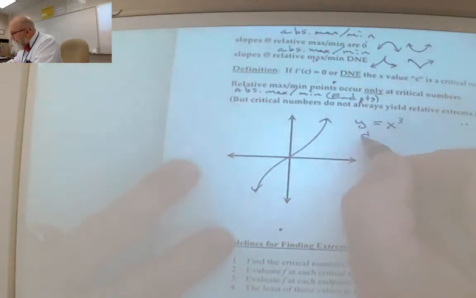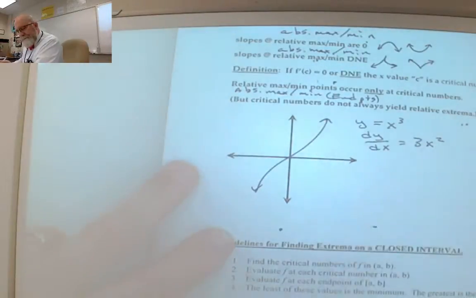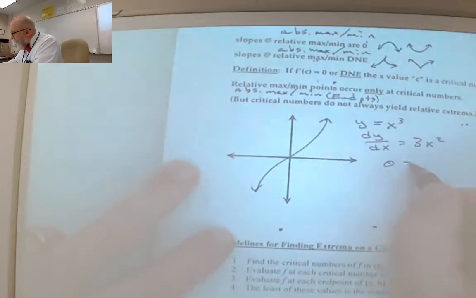We take the derivative of that. We get 3x squared. We make it equal to 0, and we find out that x equals 0.